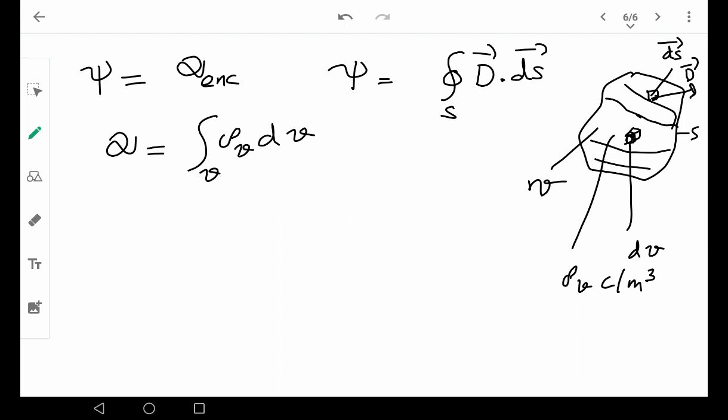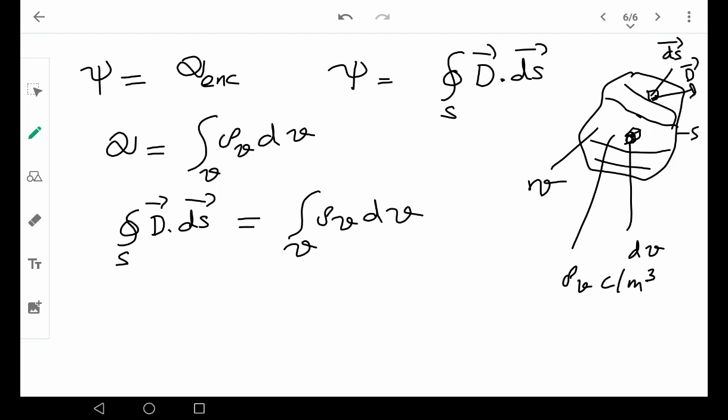So you get integral D dot dS equal to integral over the volume of rho v dv. You have to remember one thing: D and dS are vectors, so it's a dot product. Rho v and dv are not vectors, they are taken as scalars.